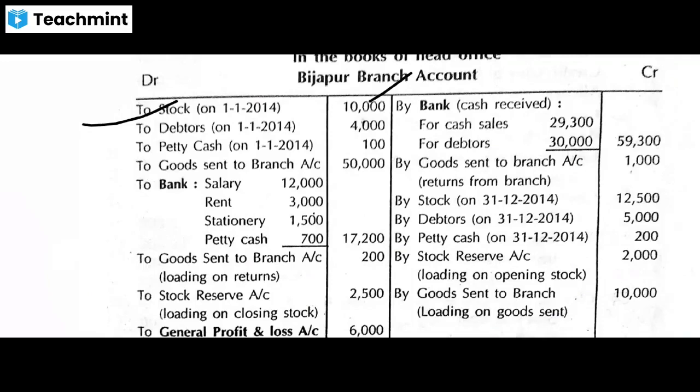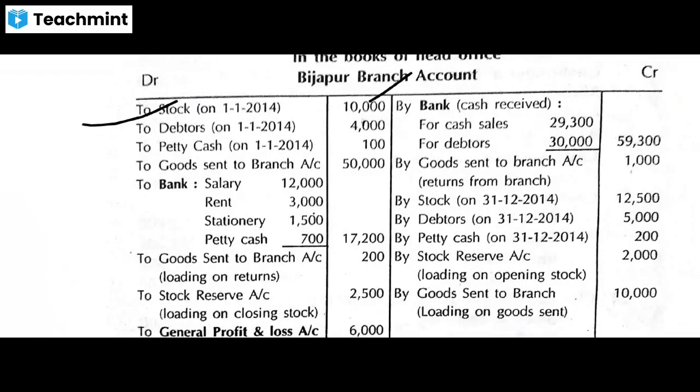After that, in the credit side, we take all the expenses. That means what the branches provide, the discounts, and some other allowances provided to the debtors, will be treated in the credit side. Got it? Then any returns provided by the customer to the branches, or any cash provided by the customer to the debtors, all those items will be taken in the credit side of the debtor account.